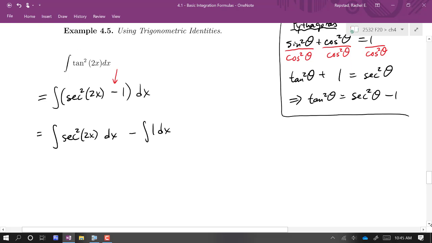We know how to integrate 1, and for the first integral here, it's a secant squared. And if you go back to that first page, that is one of our forms. Also, if you just think, what function has a derivative equal to secant squared, that's the tangent function.